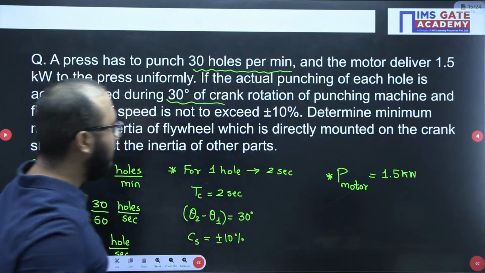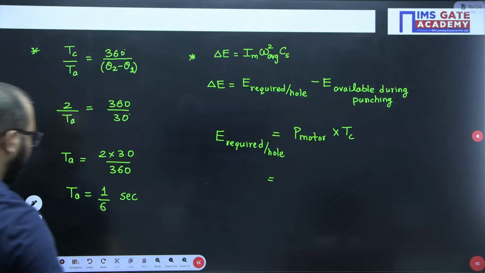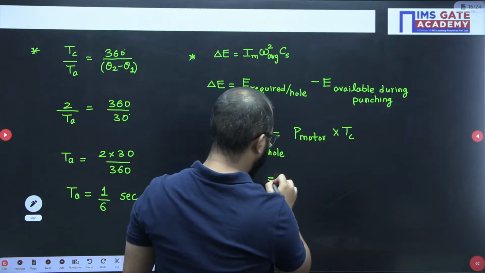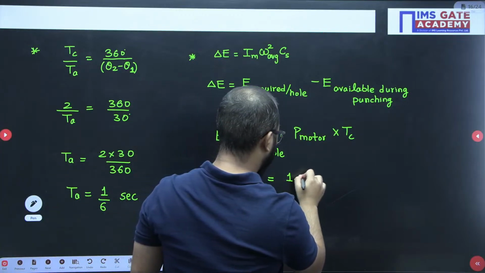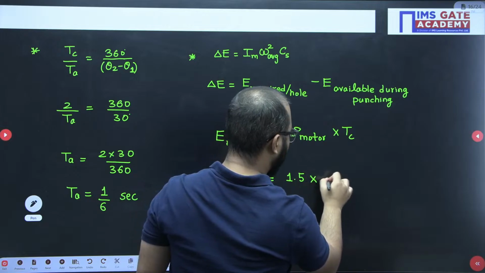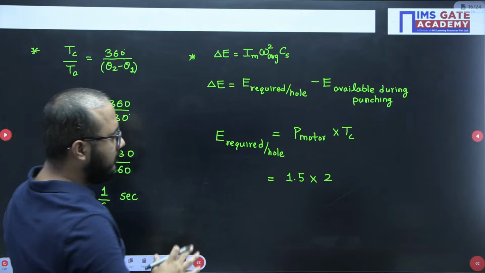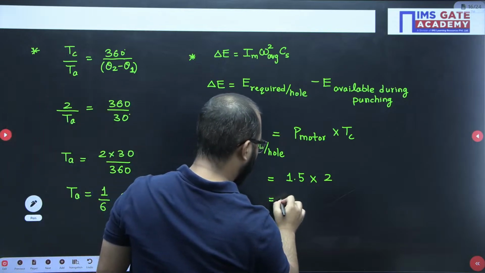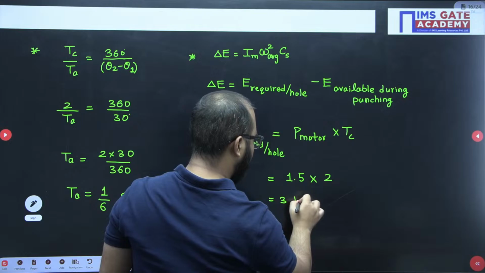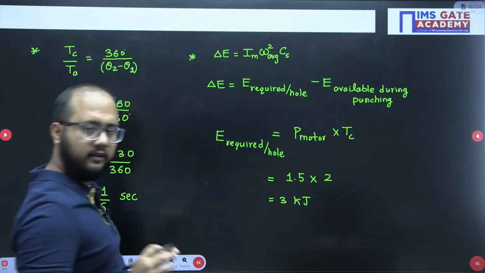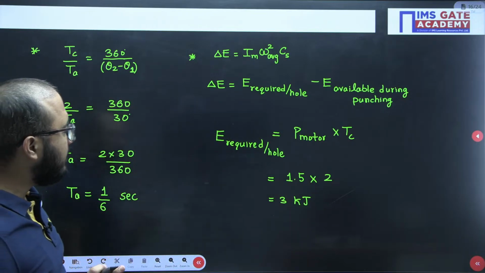Power of motor given in the question is 1.5 kilowatt. Cycle time was 2 seconds. Fine. So from this we will get 3 kilojoule. Done. So 3 kilojoule will be the energy required per hole.